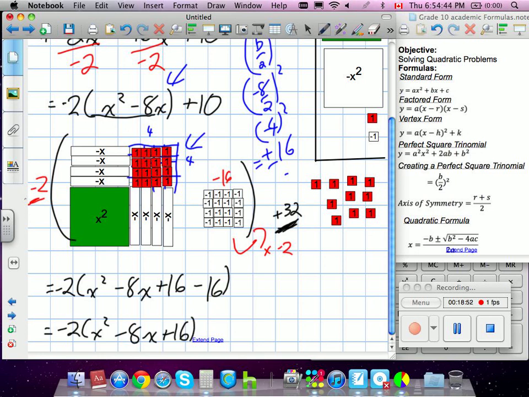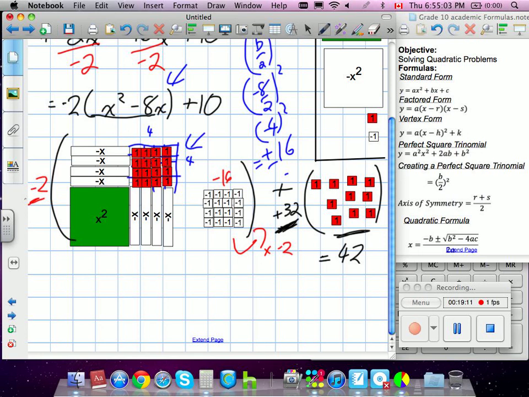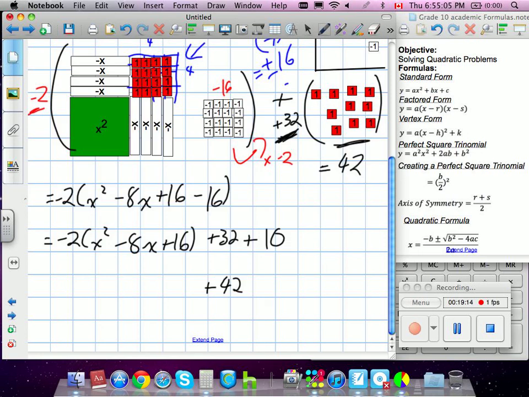And what about these guys here? They were kind of left to the outside. Remember we were adding them? That's our plus 10 on the outside. Now the completing the square part helps us with the factoring. We know now that we have 32 plus another 10, we're going to end up with 42 as a k value. We have 42 out here. And we still have x squared minus 8x plus 16.